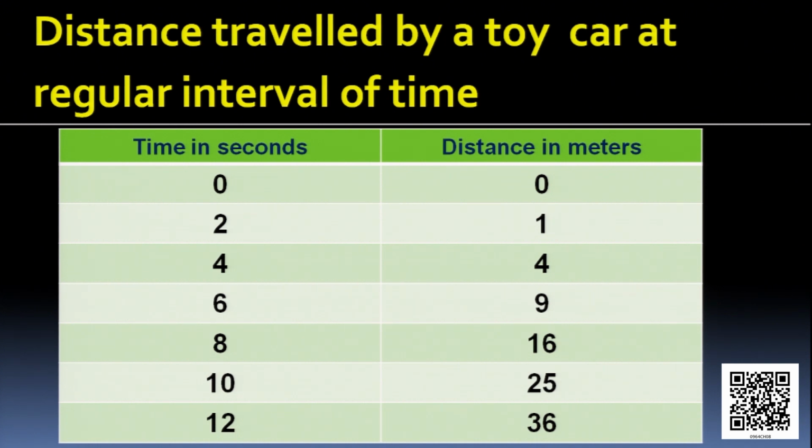When the time is 6 seconds, distance traveled by the object is 9 meters. Whenever the time is 8 seconds, distance covered is 16 meters. Whenever the time is 10 seconds, distance covered is 25 meters. Whenever the time is 12 seconds, distance covered is 36 meters.